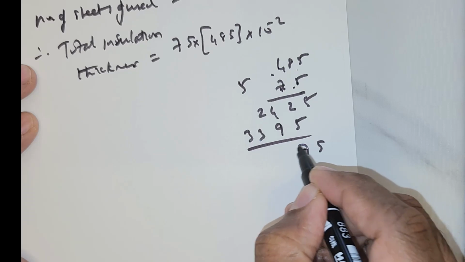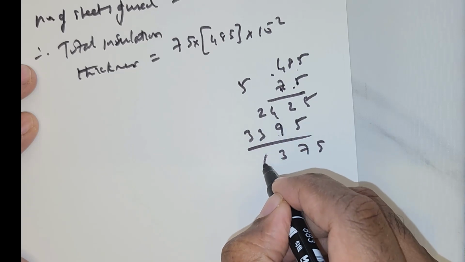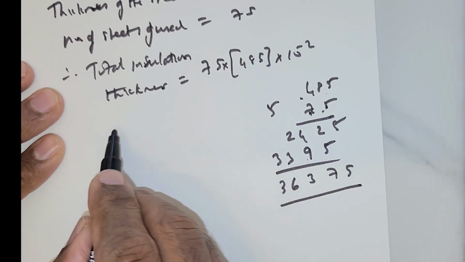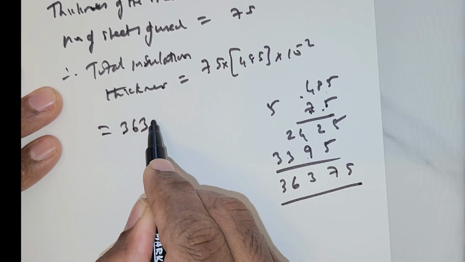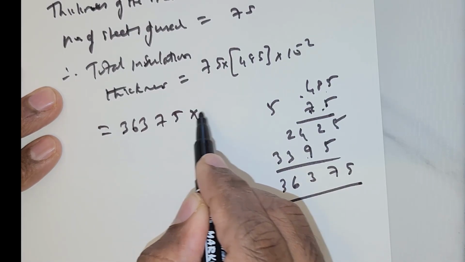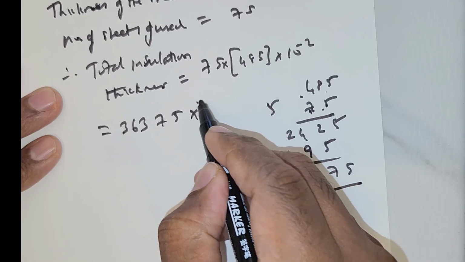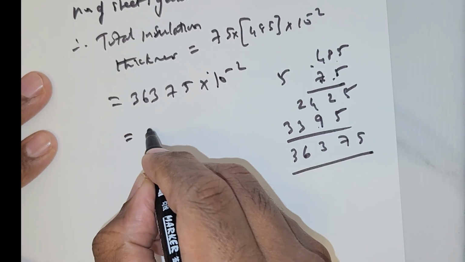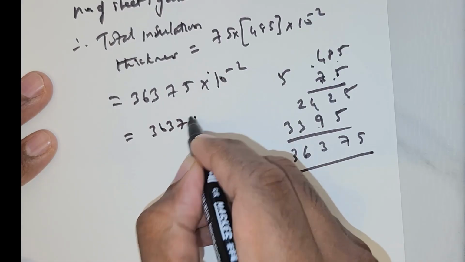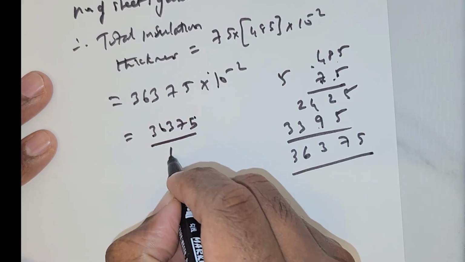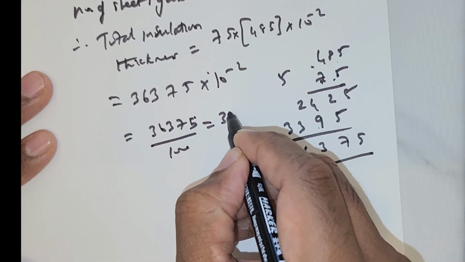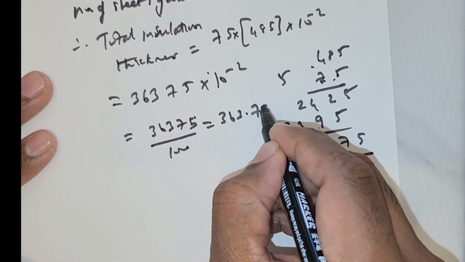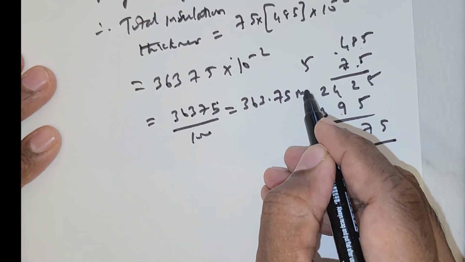So 5, 7, 13, 6 and 3. So you have 36375 multiplied with 10 power minus 2. That means you are actually dividing 36375 by 100. So that means this is going to be 363.75 mm.